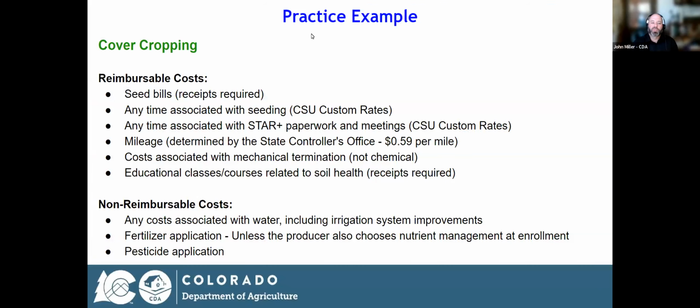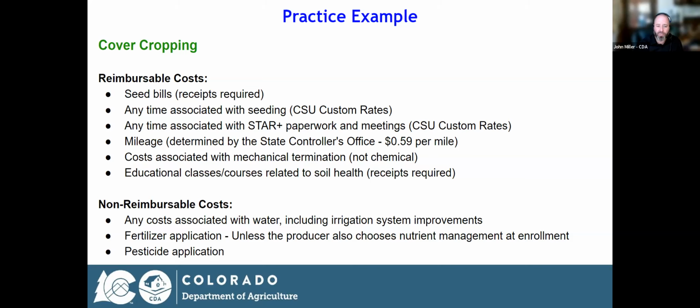So what would be reimbursable costs for this practice example? Their seed bill. So there would be receipts required for that. So any seeds they planted, we'd need receipts for what they had from the seed company. Any time associated with that seeding, and that time will be determined by CSU custom rates. And if you go into the CSU custom rates for 2022, there is seeding specific rates per acre.